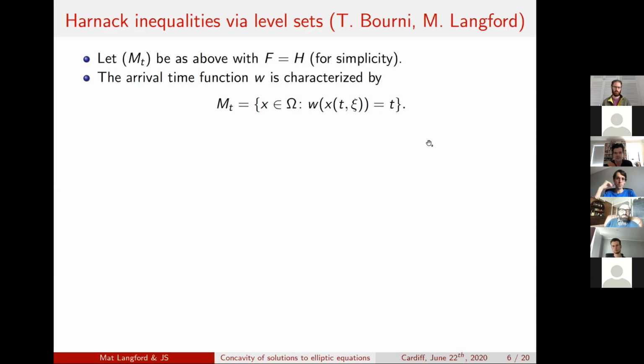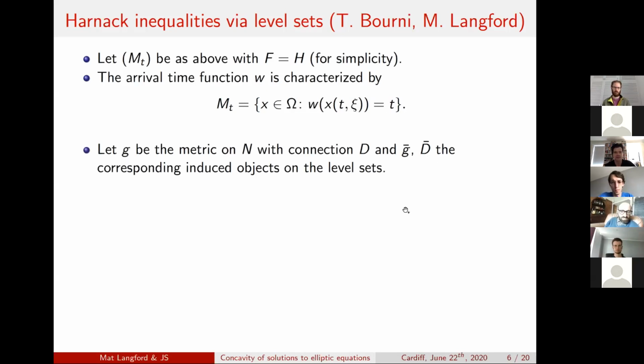You just take all points x in the ambient space at which the arrival time is exactly t. So you can definitely define the arrival time by this requirement to give you exactly t on the hypersurface. Right, and this is a function on the ambient space, basically on the area the flow exhausts in the time as long as it exists, right?